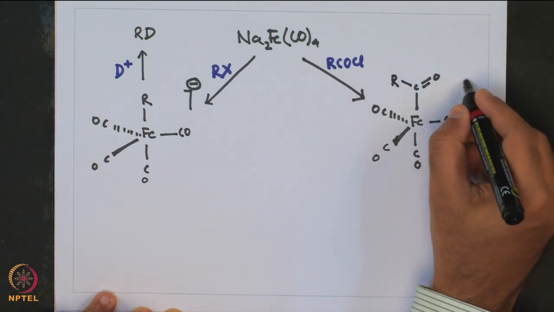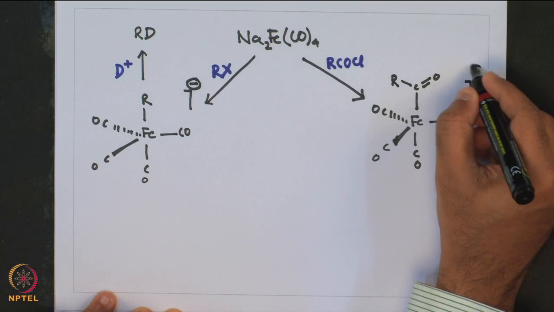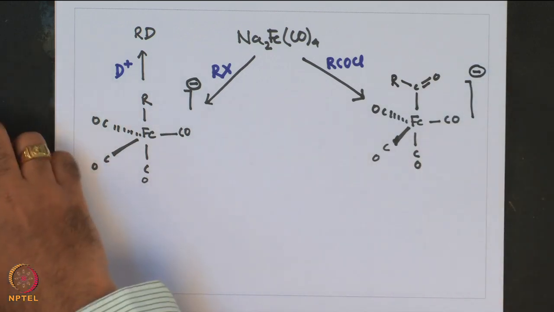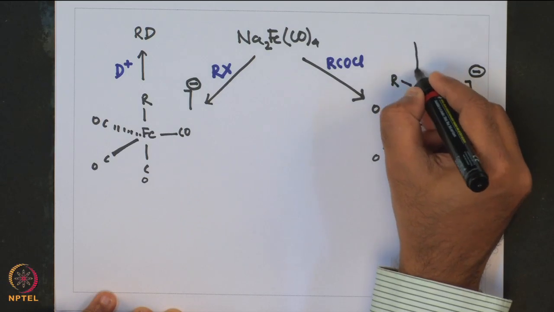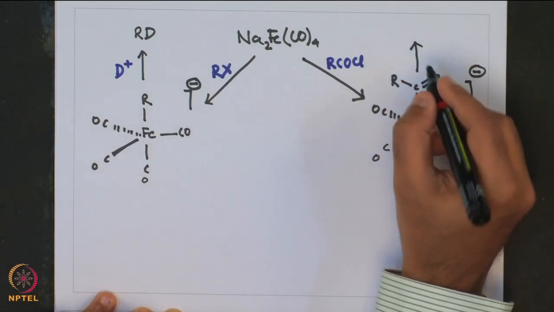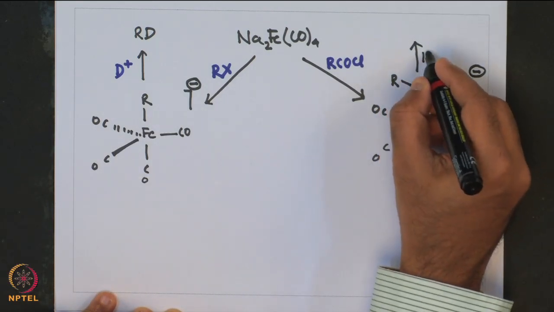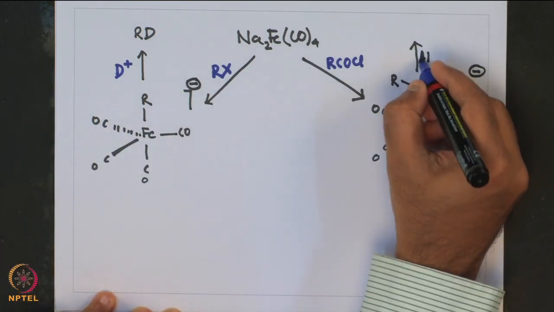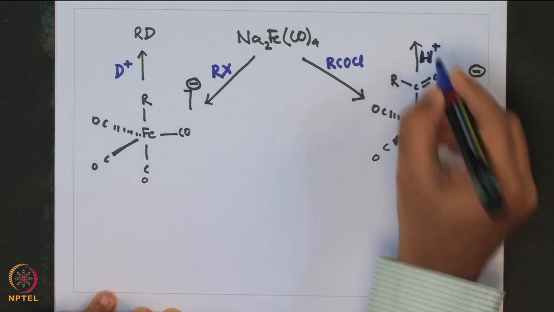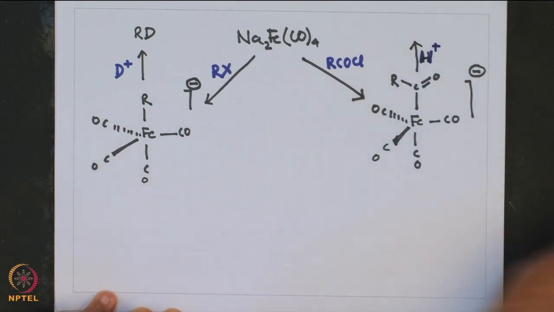This is also a metallate anion, and when the same is treated with H+ it gives aldehyde.